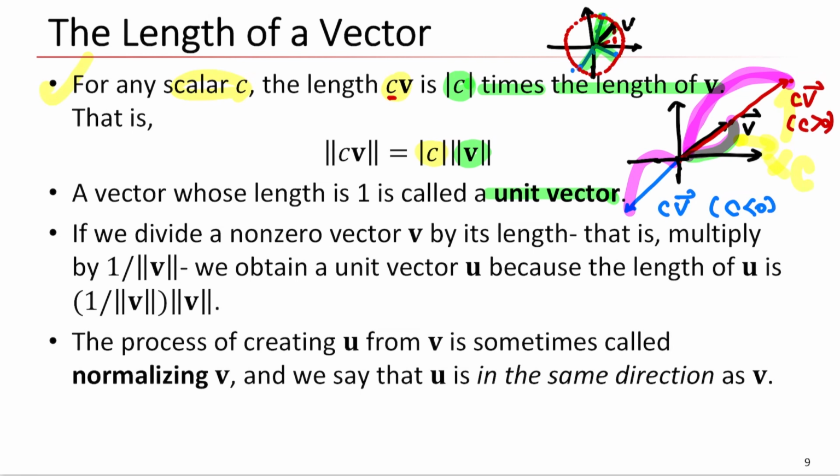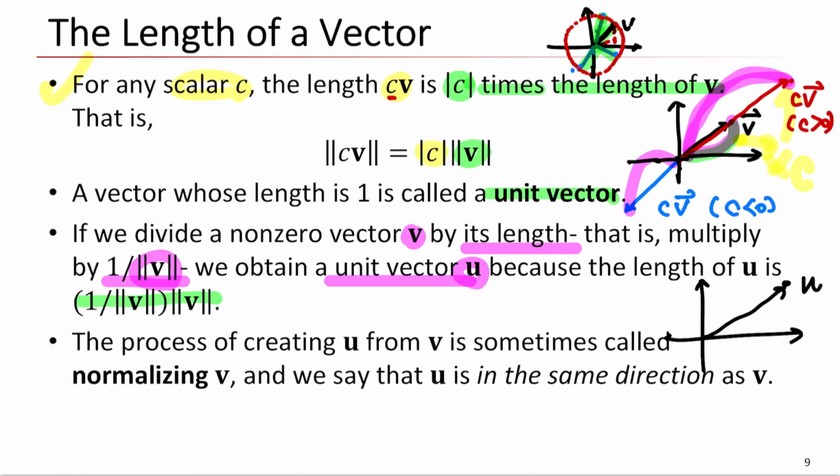Then if we divide the non-zero vector v by its length, that is, multiply by 1 over the length of v, we can obtain the unit vector u. Let's redraw. Let's say we have a vector v whose length is larger than 1.